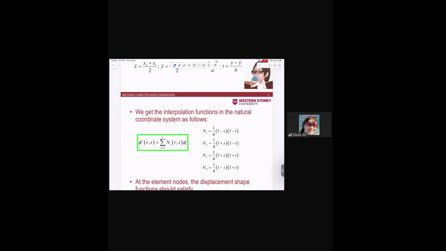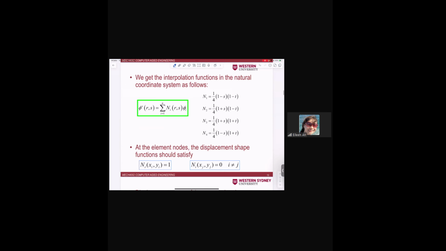But for triangle element, it's very hard to derive the equation for its local coordinate system. So this is the benefit of using rectangular element and also the benefit of using local coordinate system.